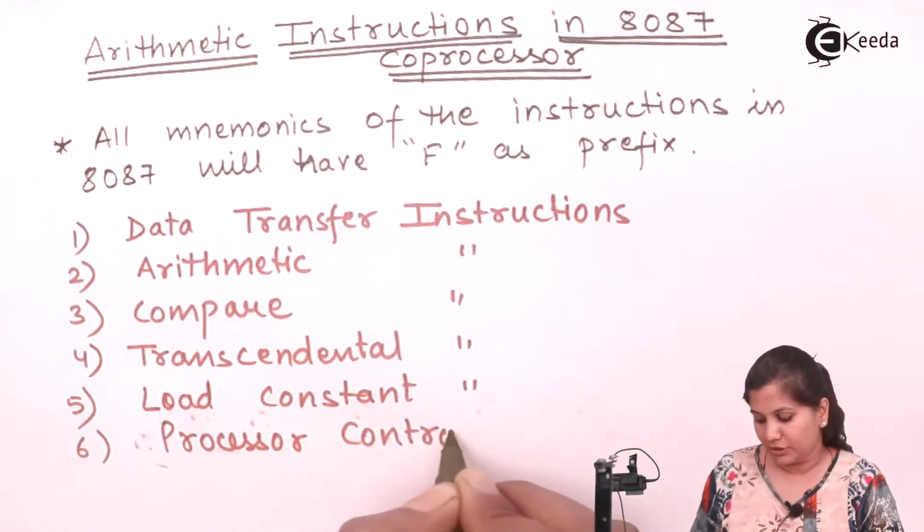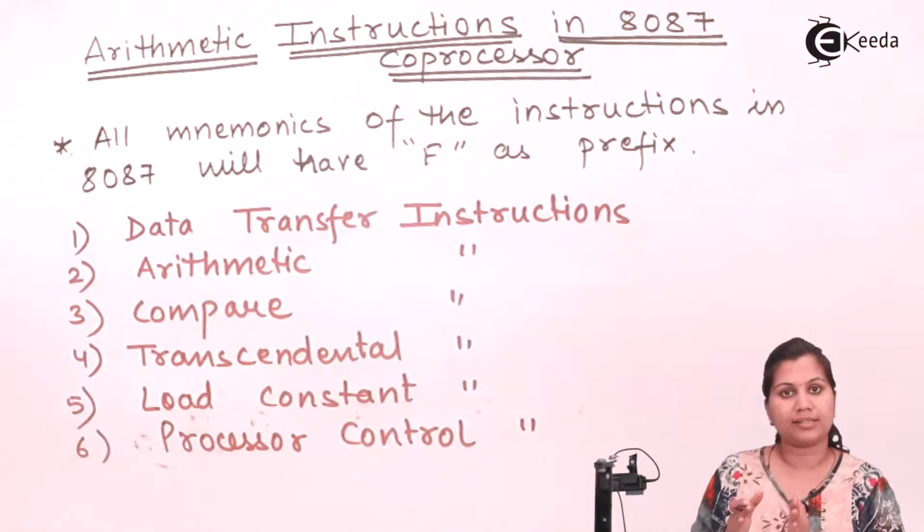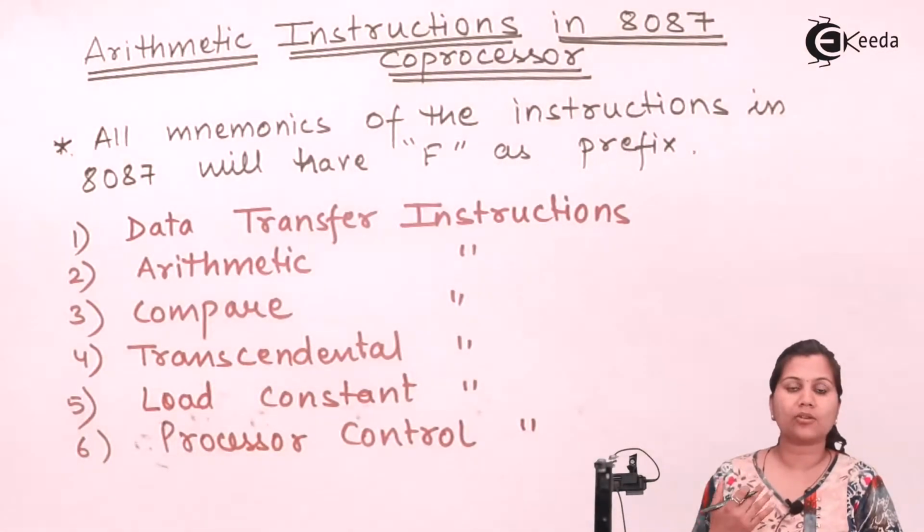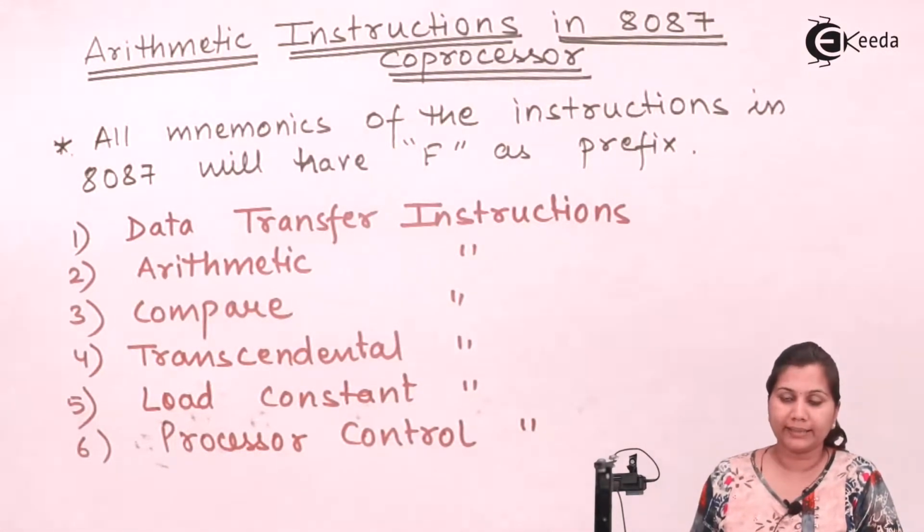So all the instructions present in the instruction set of the 8087 are categorized into different classes on the basis of the function performed by them.